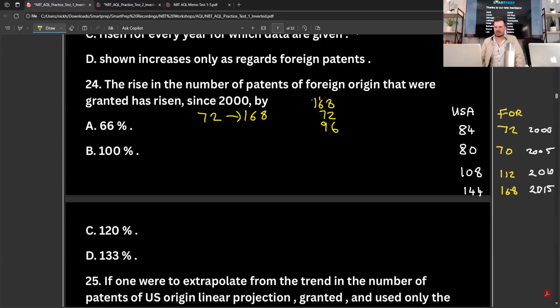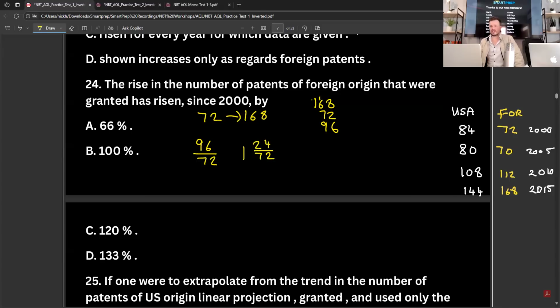All right, so that'll be as a percentage of the original, okay, which was 72. Okay, so now 96 over 72. That is an improper fraction, isn't it? So we know that it's more than 100%. It'll be 1, and then 96 minus 72 is 24. So we get 24 over 72.